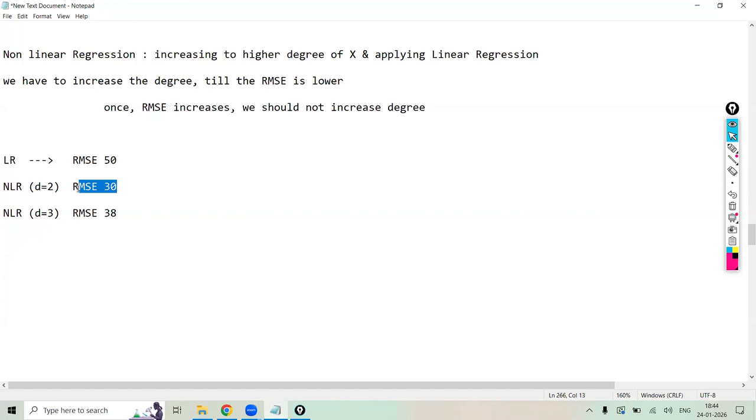When I try with the fourth model, the fifth one, the sixth one, the seventh one, who knows which one will give the best? Or maybe in the future, a new algorithm may give RMSE of 0. How can I know?